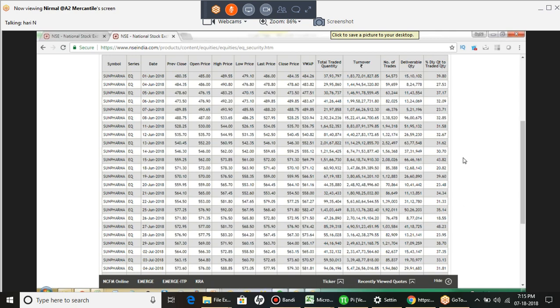That gives a different indication, like maybe that day the overall volume traded was less, but the percentage of delivery volume was pretty high. So should we look at which day the percentage delivery was very high? No, you would only look at the absolute value. Okay, so you will ignore this. It has no meaning for us.